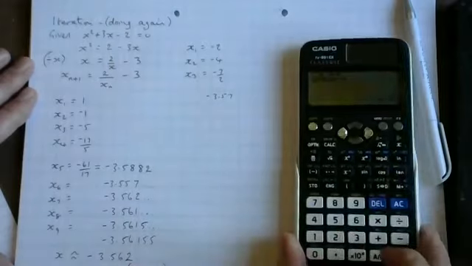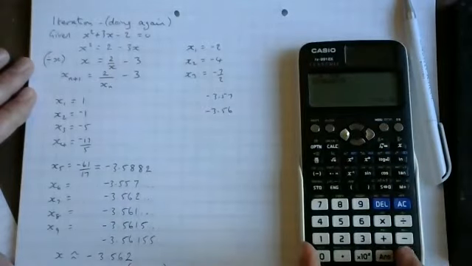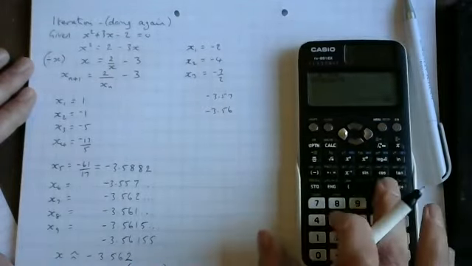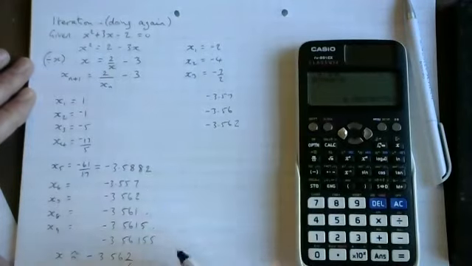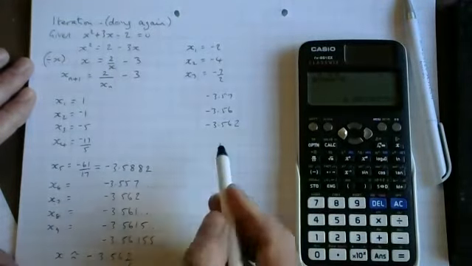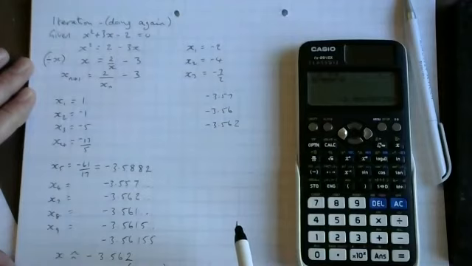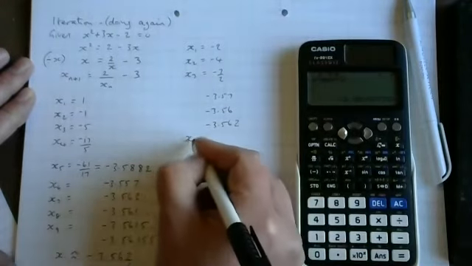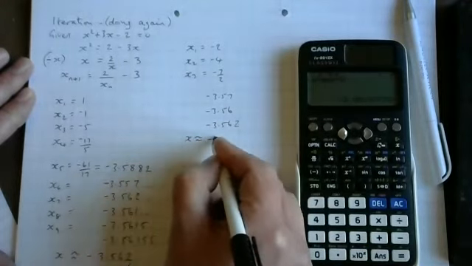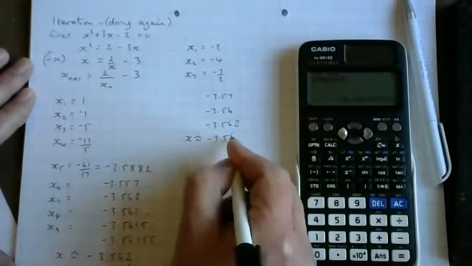S to D. Notice we're tending towards the same value. x is approximately -3.56.